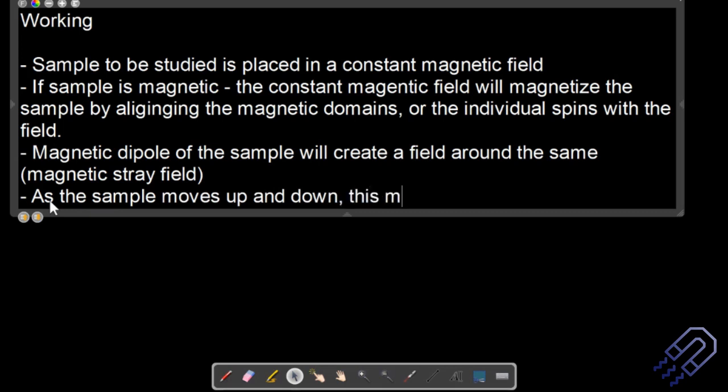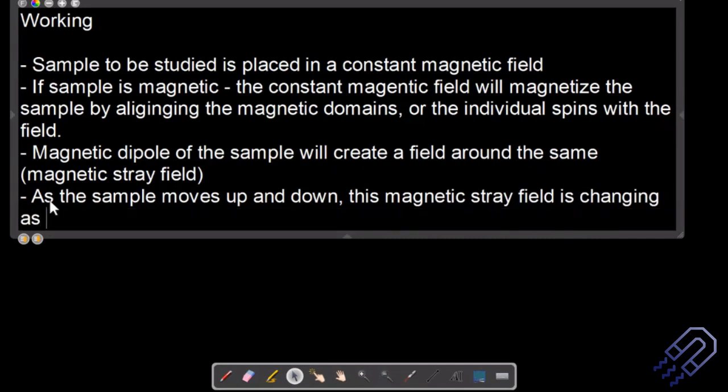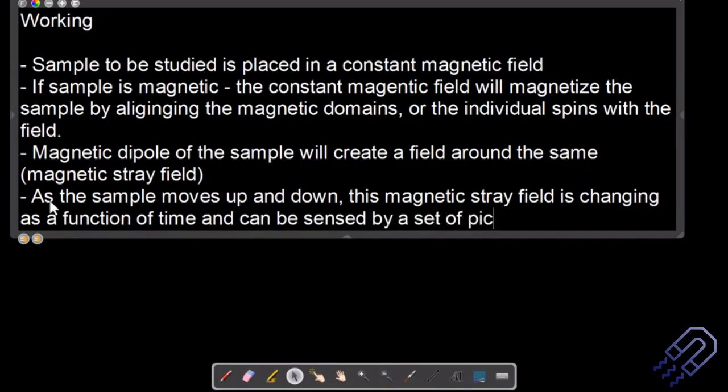Okay, this magnetic field is changing as a function of time and can be sensed by a set of pickup coils.